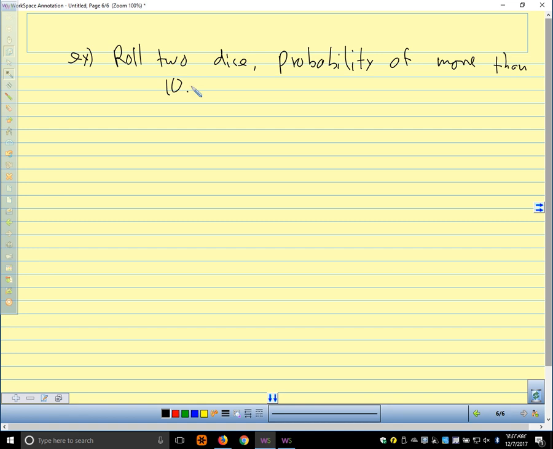But what's another way we can say we want to roll more than 10 on 2 dice? What are our 2 possibilities for more than 10 on 2 dice? Just the totals. 11 or 12.